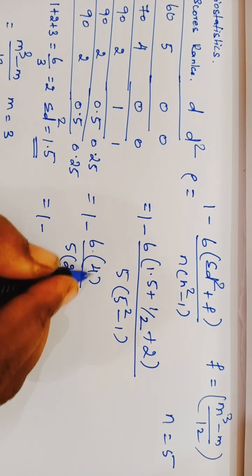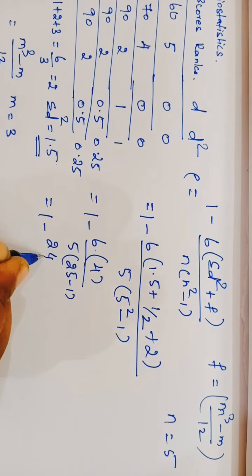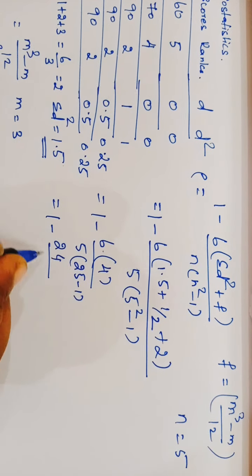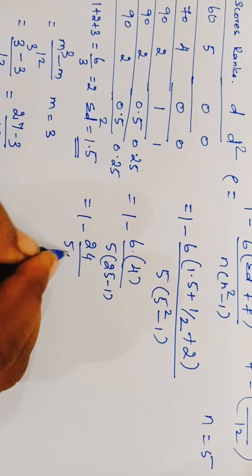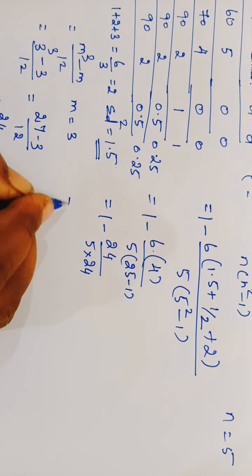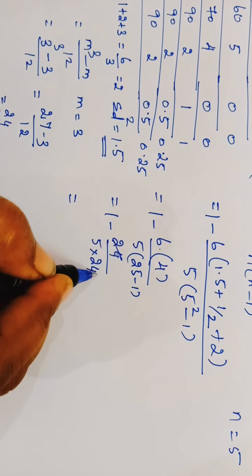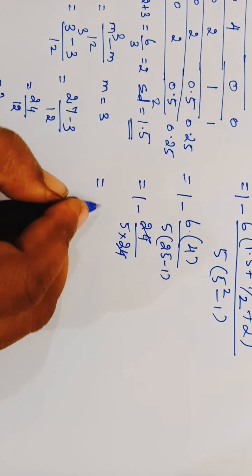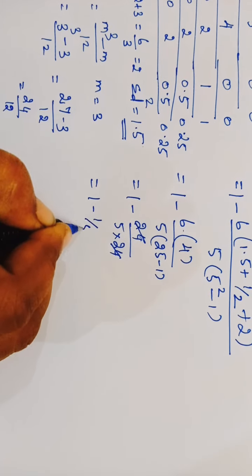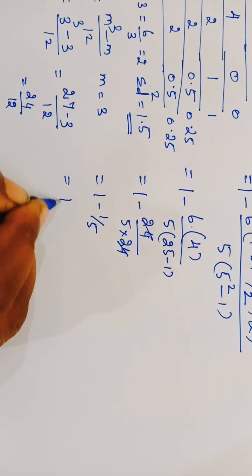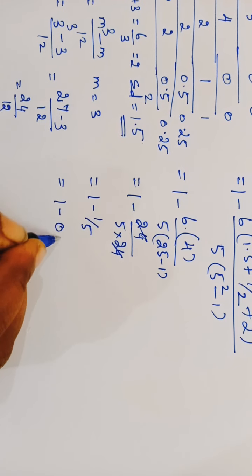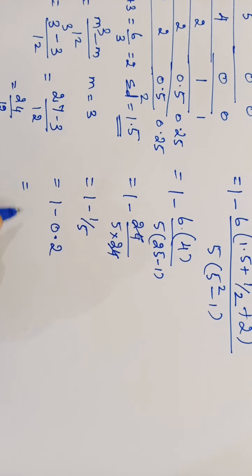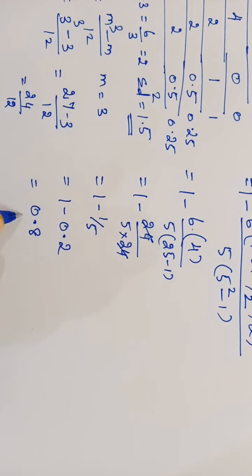So 1 minus 6 fours are 24, divided by 5 into 24. Since both 24s are there, it is easy to calculate: 1 minus 1 by 5, which is 1 minus 0.2. So our answer is 0.8.